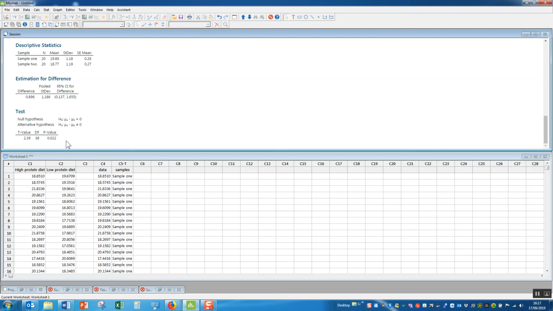So we can run that t-test as before, but we can refine our alternative hypothesis if we're postulating a direction of the significant difference. This is important because if I've made a high protein diet for fish, I want to know if it's led to a significant increase in their weight gain.